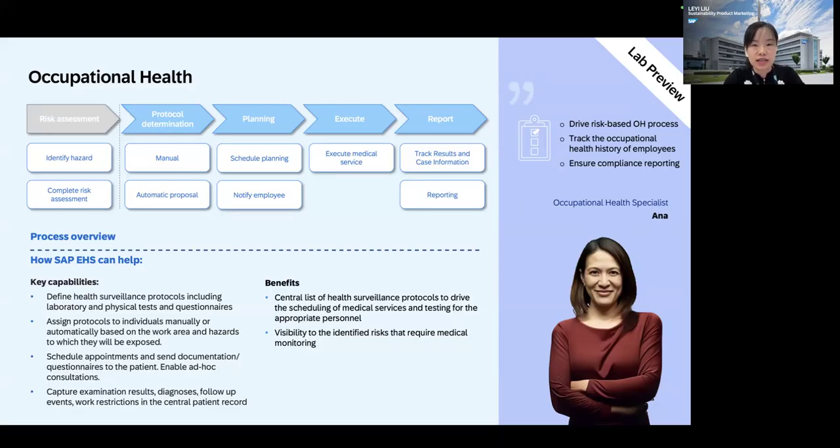So how can SAP EHS support here, especially with the occupational health process? It lets you define the detailed health surveillance in a centralized, standardized way, as I mentioned, and ensure the relevant medical tests and monitoring. The protocols can be assigned based on the job role or risk, either manually or automatically, which saves time and reduces administrative errors. Scheduling, reminders, and documentation are managed seamlessly, which increases employee participation as well as adherence.